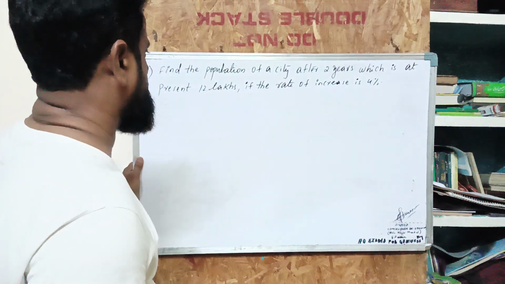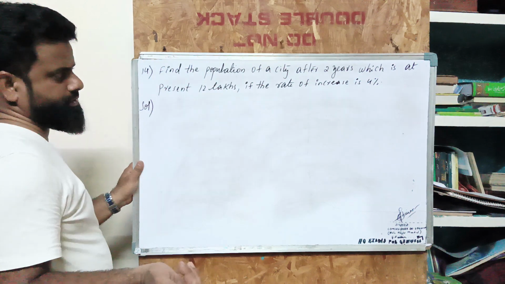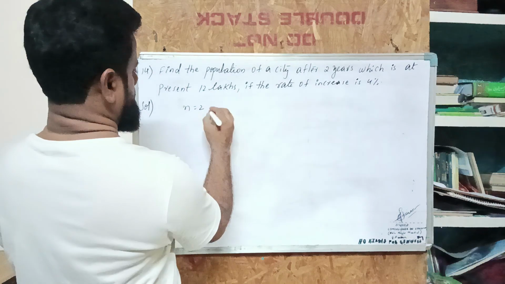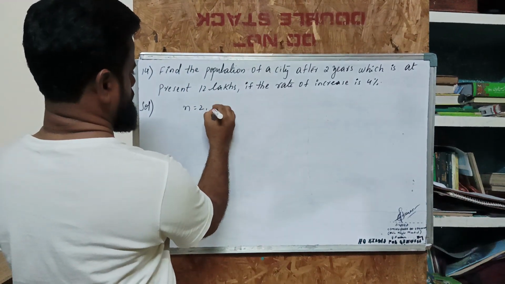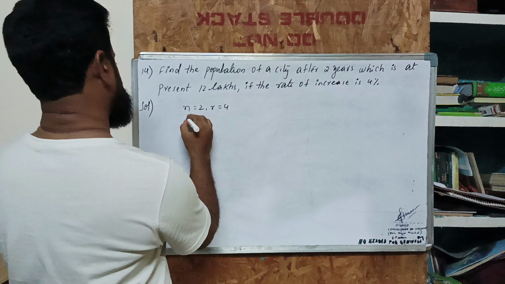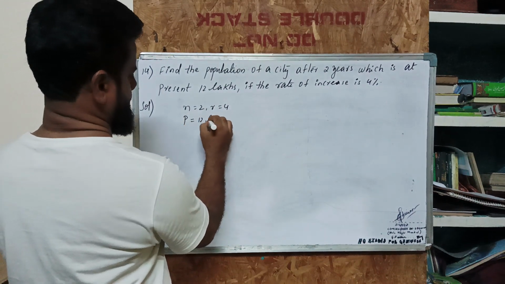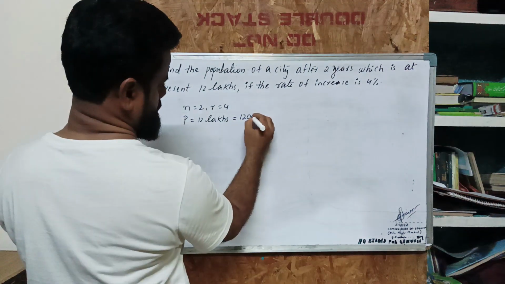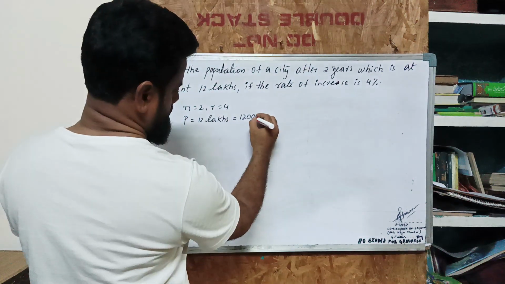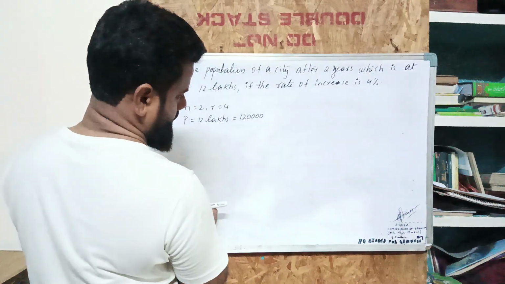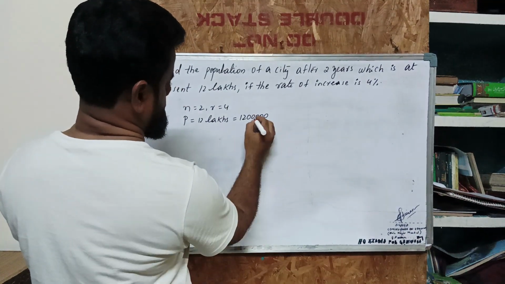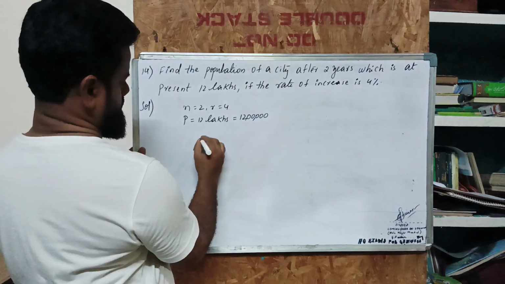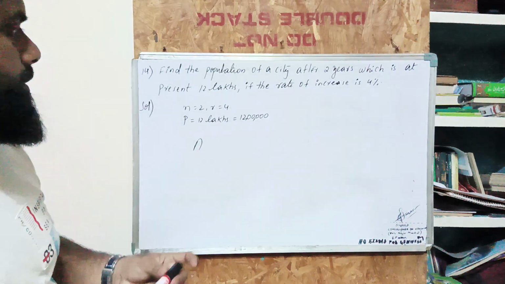With the compound interest formula, amount. So here we have n equal to 2, and R is 4, that is rate of interest. Principal P is 12 lakhs. So 12 lakhs means 12,00,000. So population after 2 years.